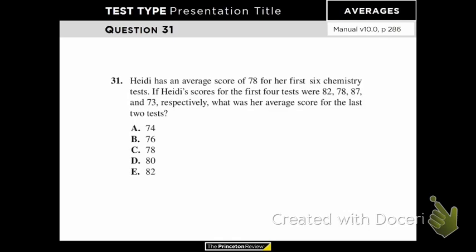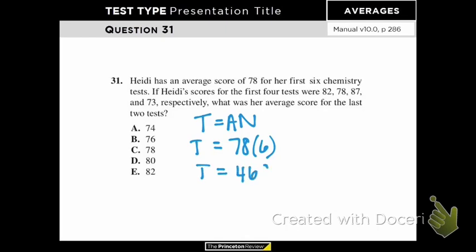So first we want to use that little formula, T equals A times N, to figure out the total number of points. They tell us that her average was a 78 and she took 6 tests. So we multiply those together to get a total of 468. That's her total for all 6 tests. Then we need to add up those 4 tests that they gave us.